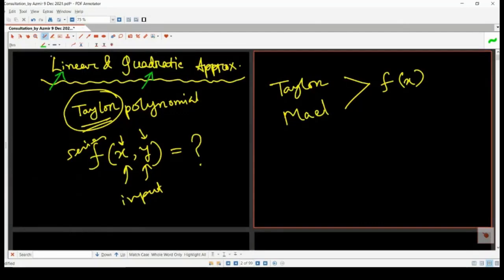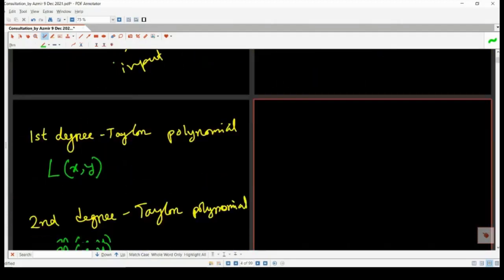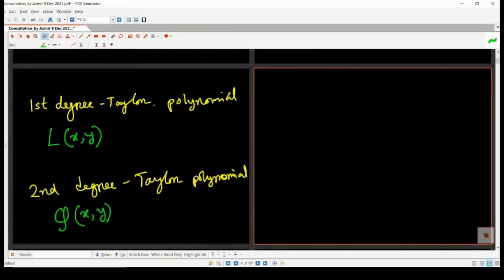So you can see that L and Q are the first letters. The first degree Taylor polynomial can be denoted by L of x comma y, and the second degree Taylor polynomial can be denoted by Q of x comma y.